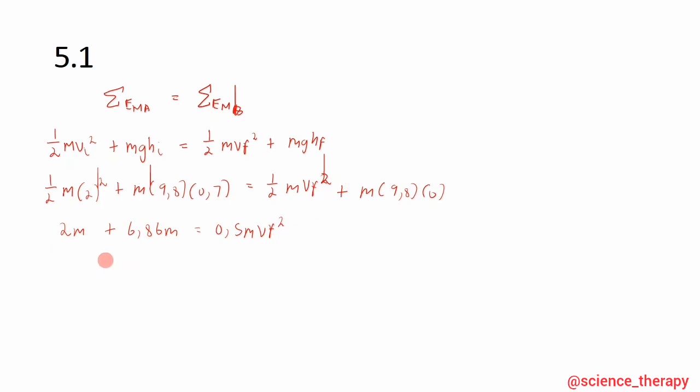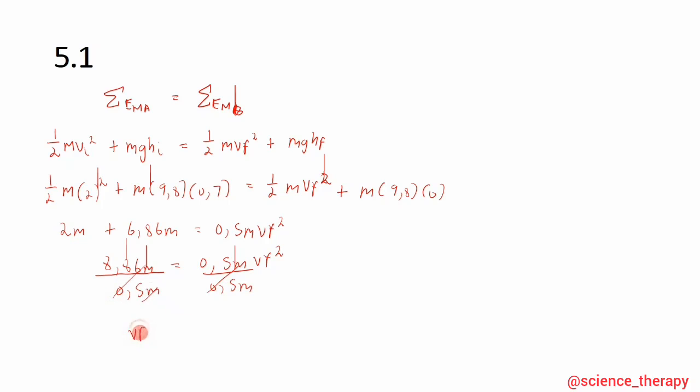Now if we add this, we have 8.86m is equal to 0.5m vf squared. Now at this point, we can just divide both sides by 0.5m. Now at this point, the m's will cancel.